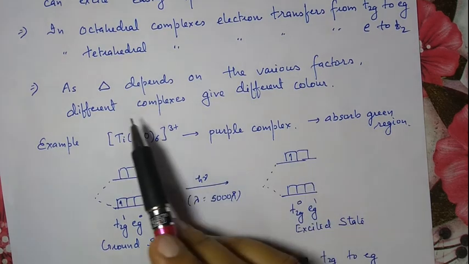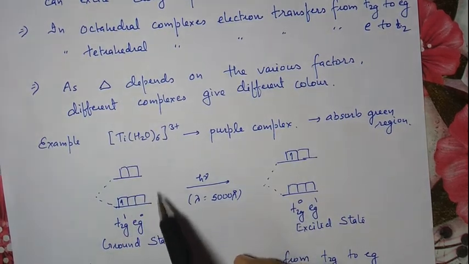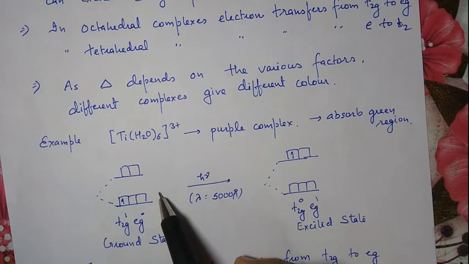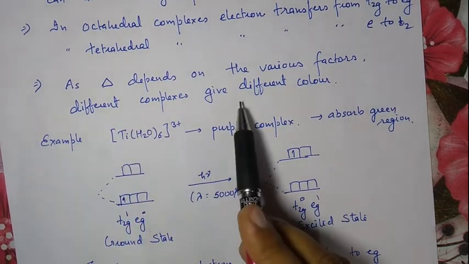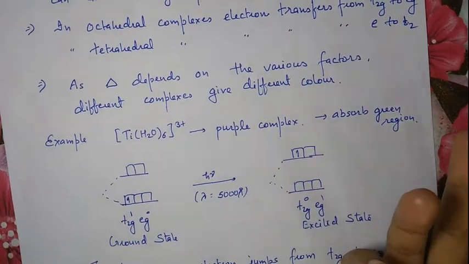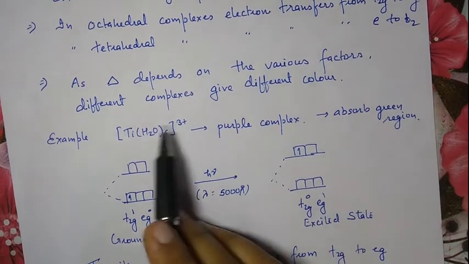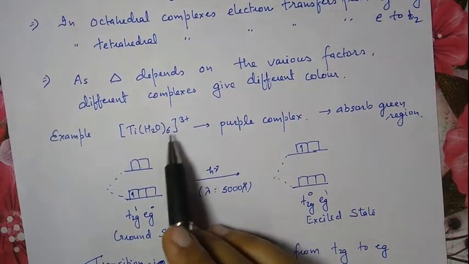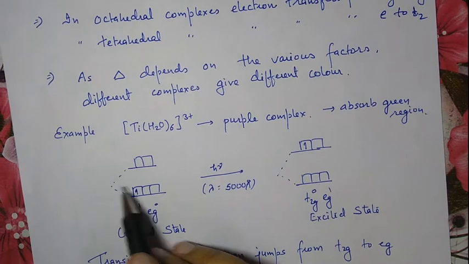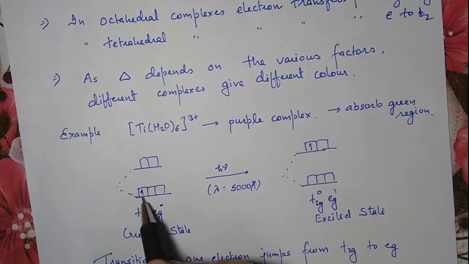As delta depends upon various factors, different complexes can give different colors. For example, this is a complex having a d1 arrangement, and this one electron will be present in the t2g.